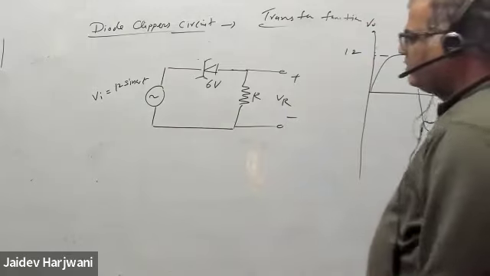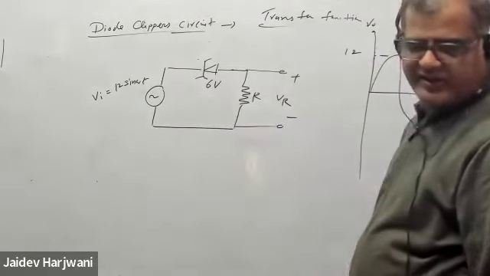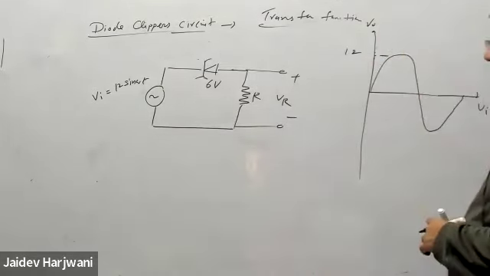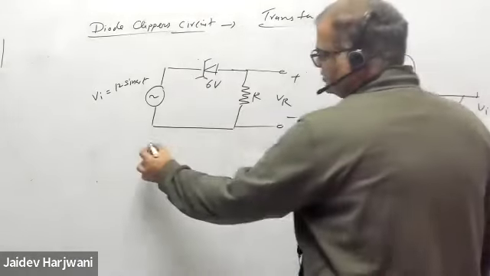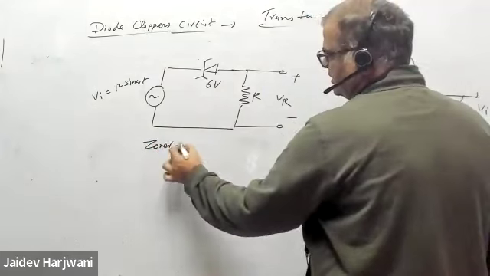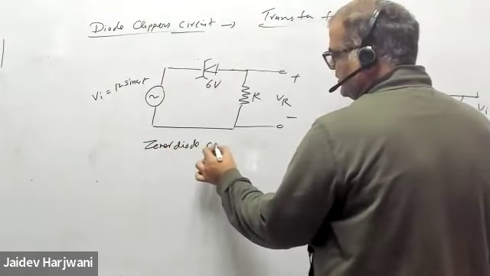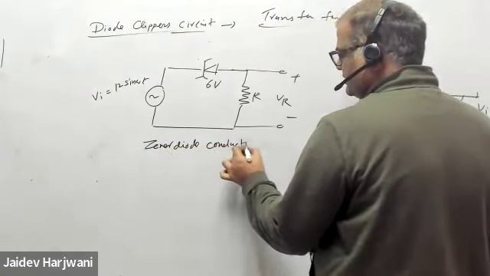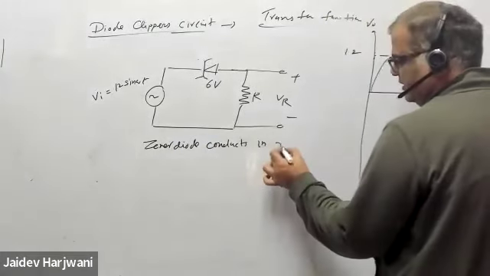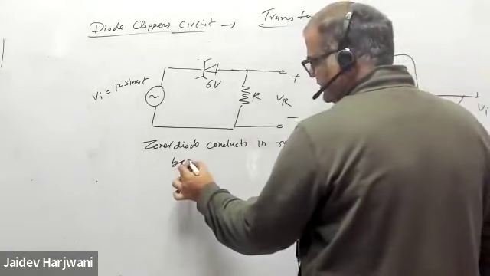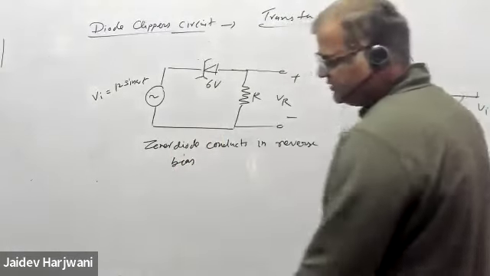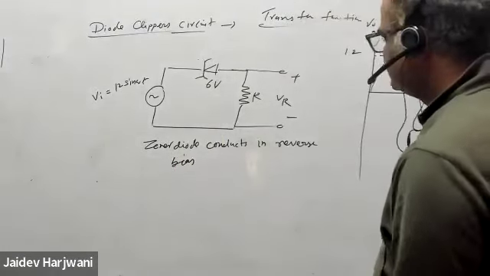Now, in order for the diode to conduct, how much voltage does it require? 6 volt, because a Zener diode conducts in reverse bias. Zener diode conducts in reverse bias.